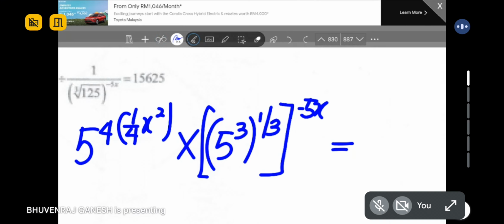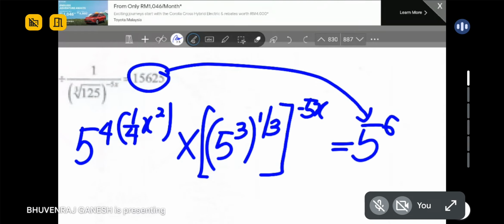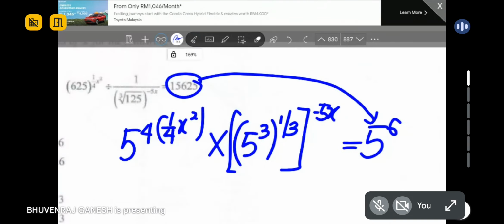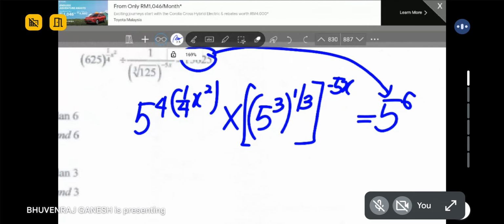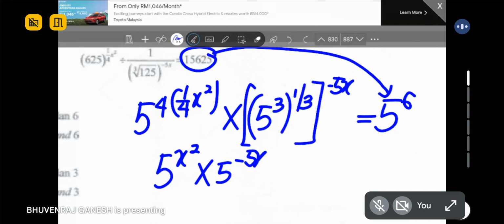Let me see. 15625 is 5 power 6 guys. Sama nilai. Okay, so you just change everything to base 5. Semua tukar asas 5. Okay, so you just simplify 5 power x square times 5 power negative 5x equal to 5 power 6. 3 and 3 potong.